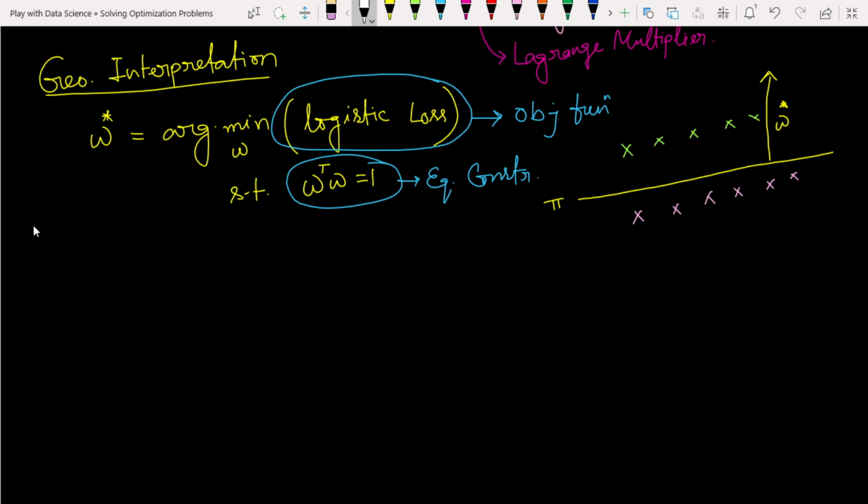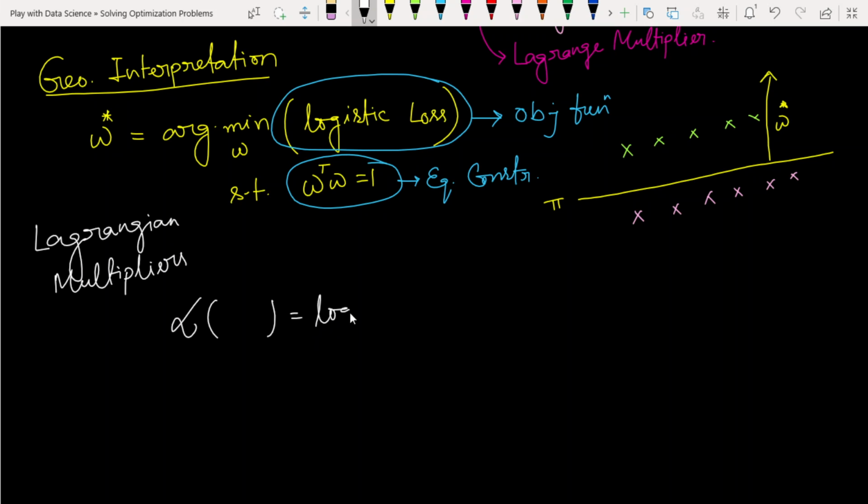So our Lagrangian, after applying the Lagrangian multiplier, I am writing L, which equals our objective function, our logistic loss function, plus some parameter lambda into W transpose W minus 1.